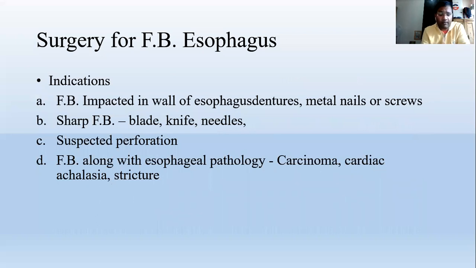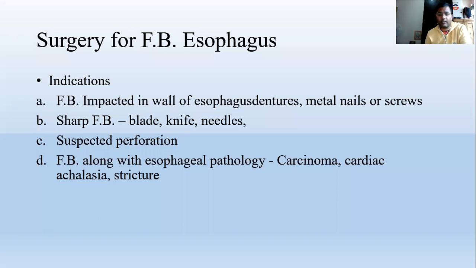If the endoscopic procedure is not successful, then you go to direct opening of the esophagus and remove the object, especially sharp foreign bodies like blades, knives, needles, and nails.